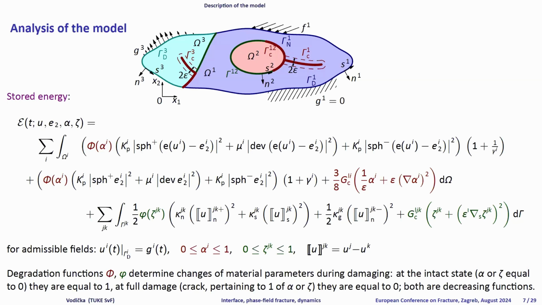At the interface, this model is related also to the adhesive, which we can imagine as a thin layer of springs, so that it adds some energy due to those springs. Having that damage form, the material is degraded. Also the interface is degraded. So we introduce degradation functions, capital Phi or small phi, in the interface and in the bulk. The form of those functions is described in the literature. The particular form here is not so important.